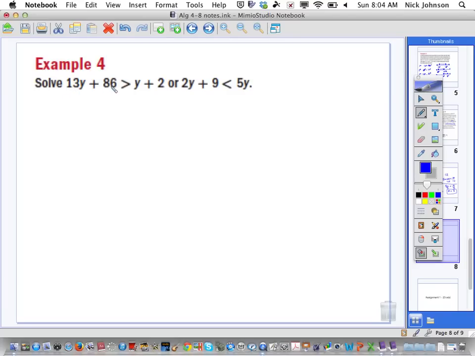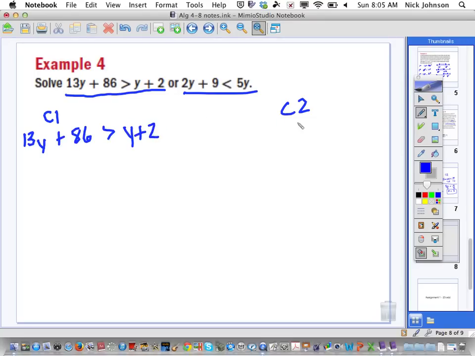Solve 13y plus 86 is greater than y plus 2, or 2y plus 9 is less than 5y. So here's problem 1. Here's problem 2. Case 1, case 2. So 13y plus 86 is greater than y plus 2. 2y plus 9 is less than 5y.